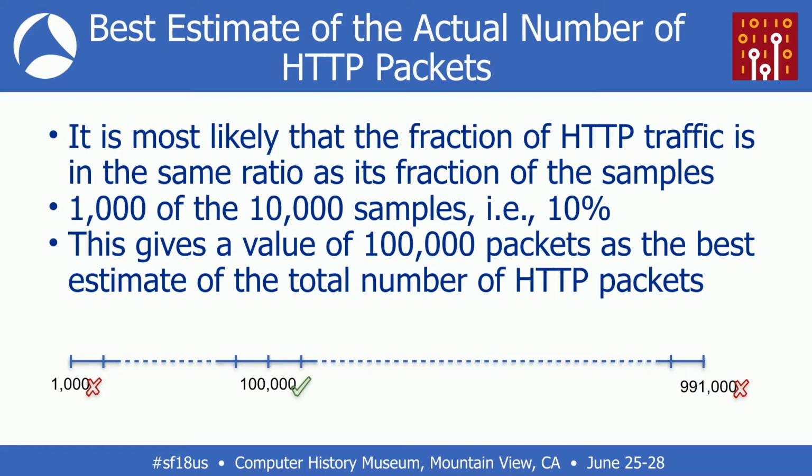This means that if 1,000 out of the 10,000 packets are HTTP, we have a 10% ratio of HTTP packets. It can be demonstrated that this 10% holds also in the initial 1 million packets. So the best estimate that we can make is 100,000 in this example.